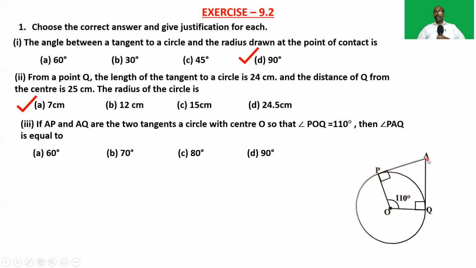So here OPAQ is a quadrilateral, and in this quadrilateral angle P plus angle Q is equal to 180 degrees, as these two are right angles, so that angle A plus angle O is also equal to 180 degrees. Okay. So from this we can say that angle A is 180 degrees minus 110 degrees, which is equal to 70 degrees. So the right option is 70 degrees.